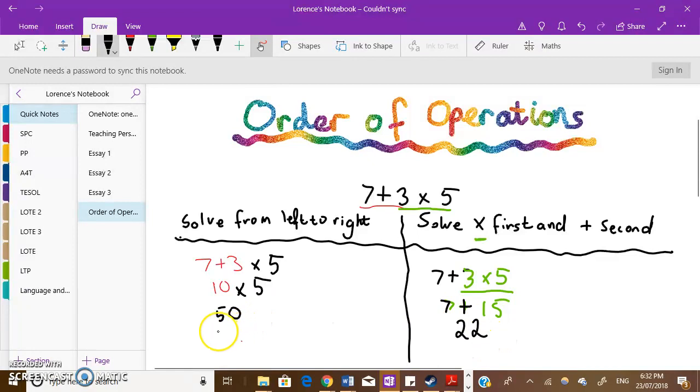Now, as you can see, this is a very different answer. Now, in mathematics, we can't have very different answers like this. Imagine if we were to have all our data on the computer, and some computers say one answer, another computer says another answer.